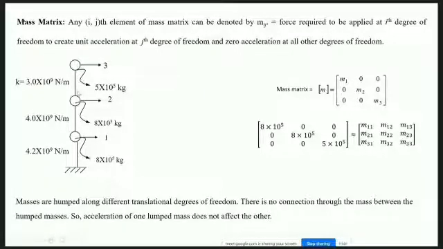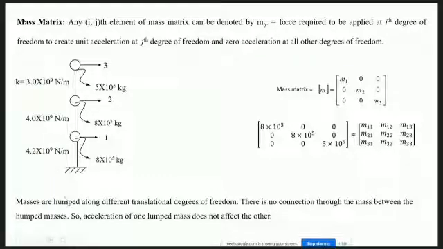So these three are disconnected. There is not even a very thin connection through any mass element. That means there are three discrete masses. We have forgotten about the presence of anything else, stiffness or damping, anything.